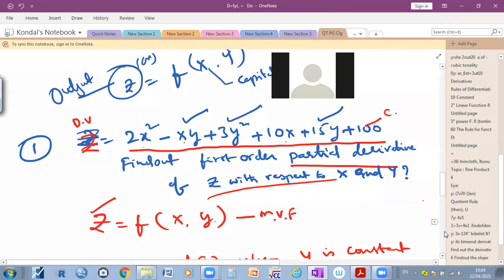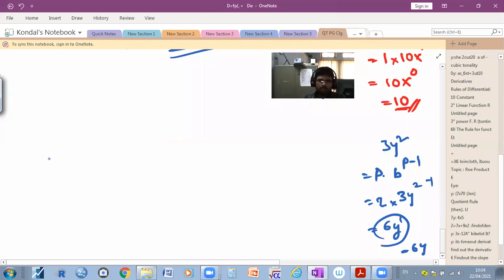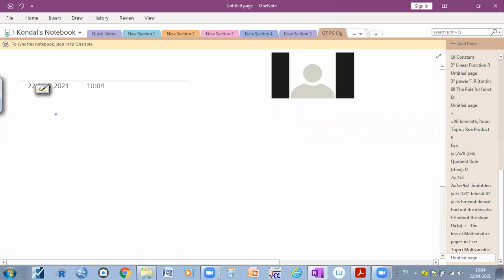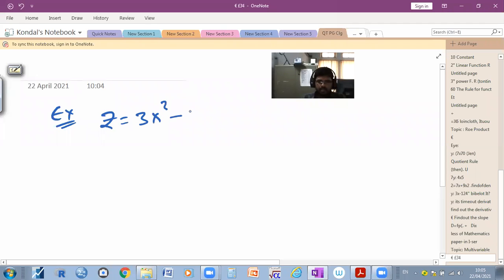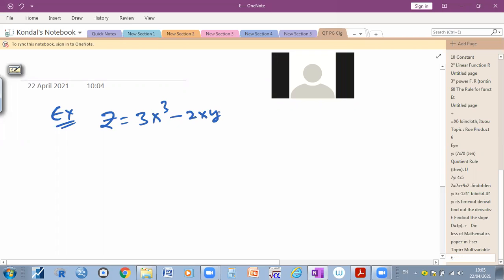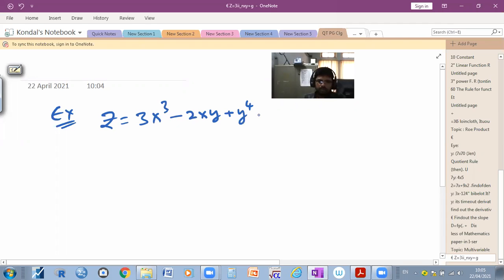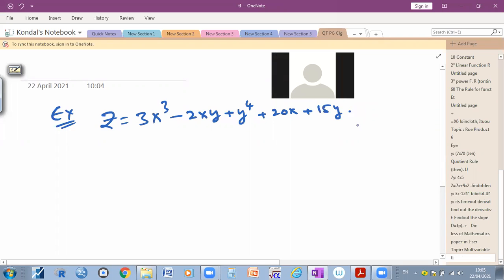See, I'm going to give you another example. You can do it at home, also, as homework. So z is equal to 3x power 3 minus 2xy plus y power 4 plus 15y minus 50.